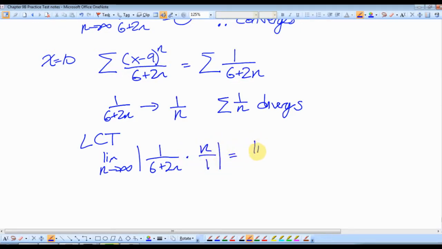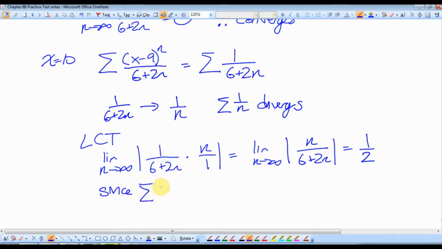That's equal to the limit as n approaches infinity of n over 6 plus 2n, which is 1/2. Okay. Since this series diverges, this series is going to diverge.